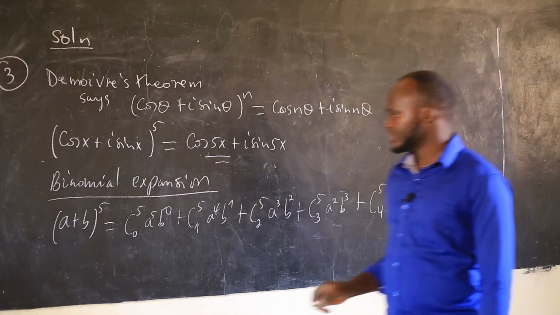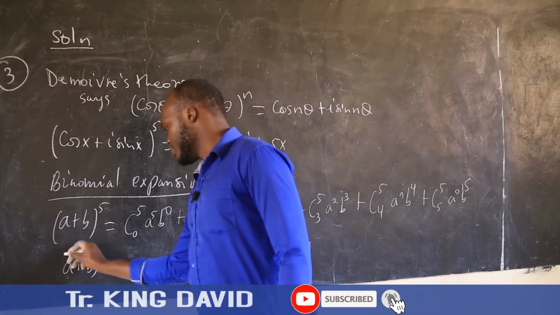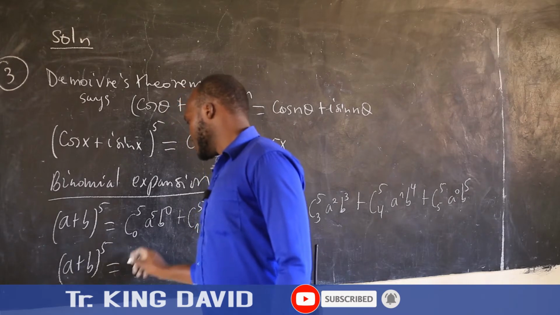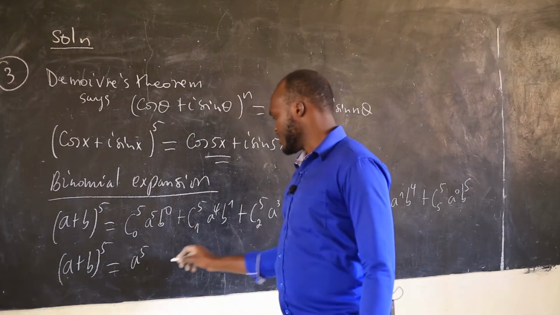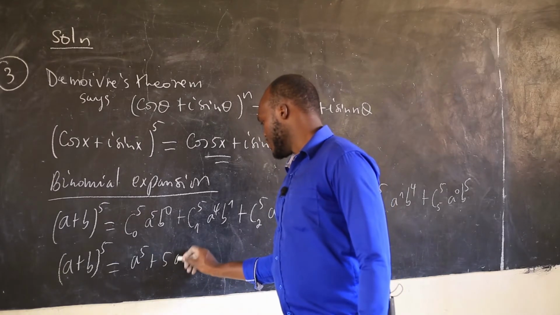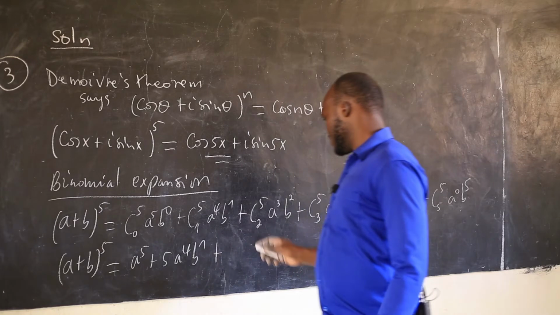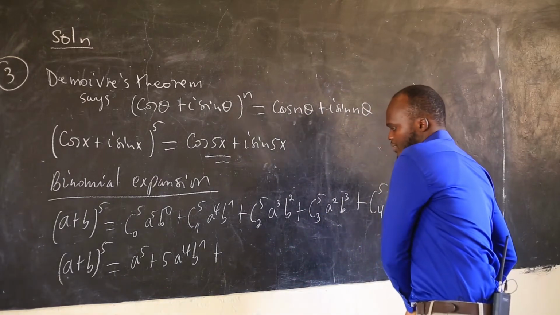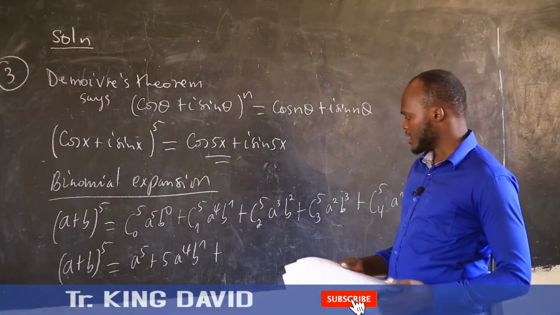So finally, this is (a plus b) power 5, which is, this first one is 1, remaining with a power 5 only. This is 5 a power 4 b power 1. Let me find the value of the next one. I think it is 10, but let me find it.